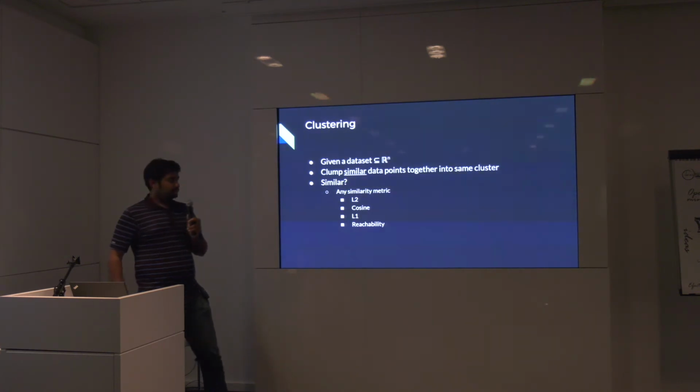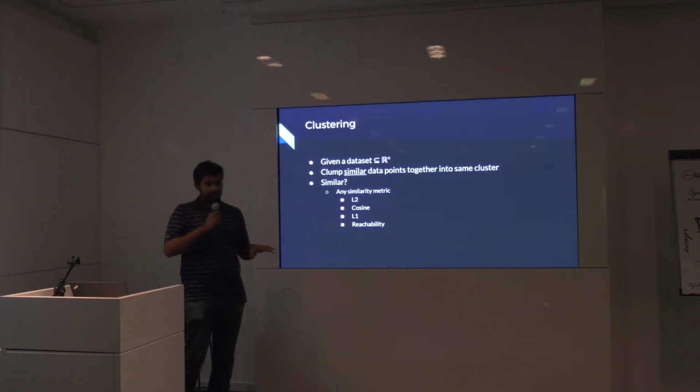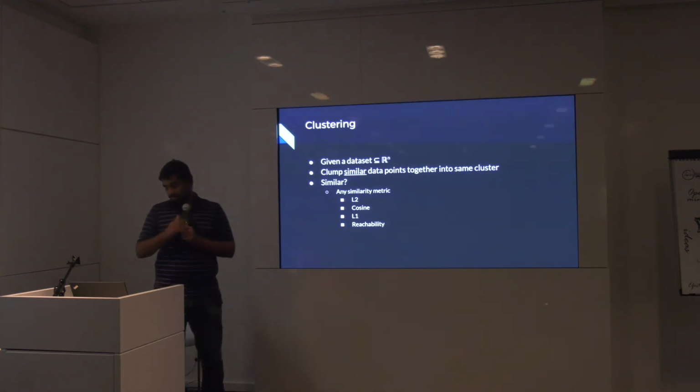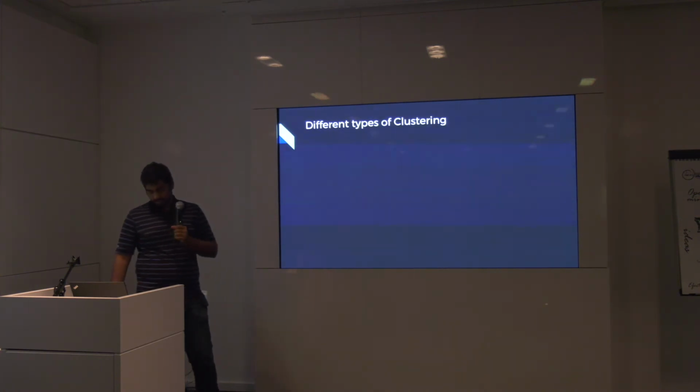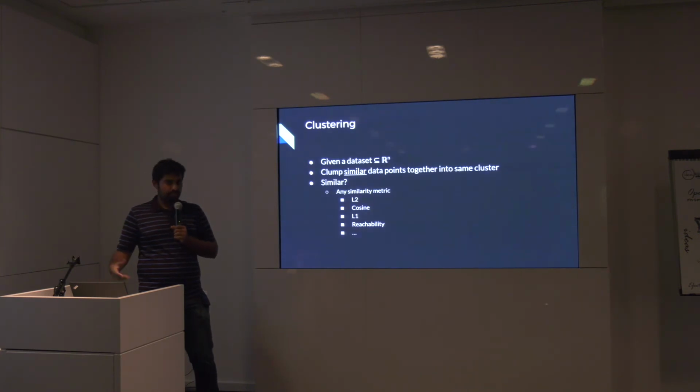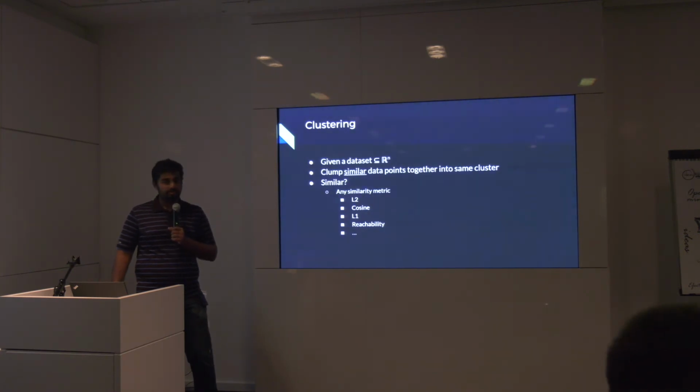Another thing that people use is reachability. In that, you take a point, you take a radius r, and you say all the points that are inside the radius r are similar. And you can have any other definition of similarity you want depending upon your use case.